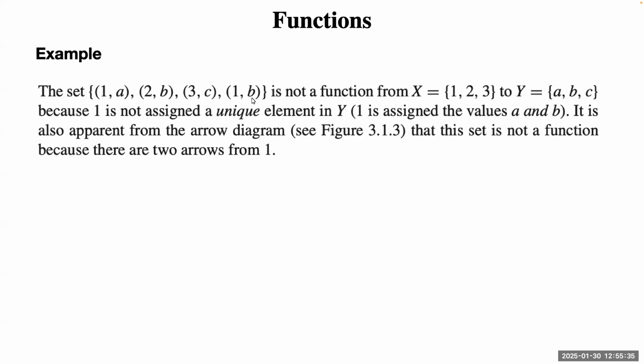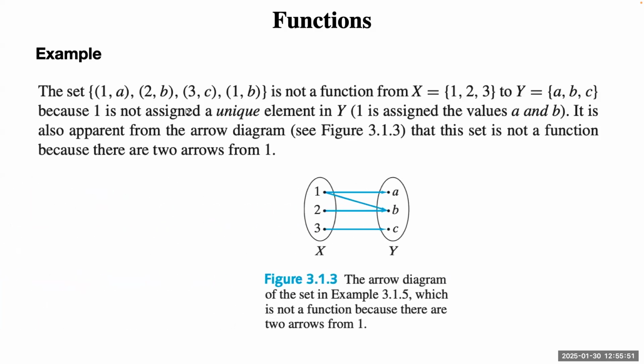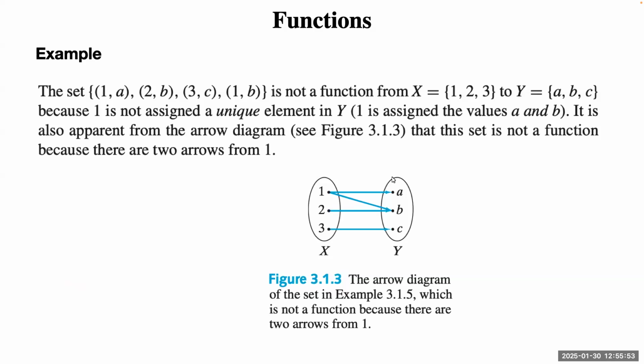This is the discrete function analog to violating the vertical line test for continuous functions that you see in algebra and calculus. Since one x coordinate has two y coordinates, that's like a vertical line test kind of thing. In an arrow diagram, you can't have two arrows coming off of a point in the X set going to different points in the Y set if you want to be a function. So this is what it looks like when you're not a function.